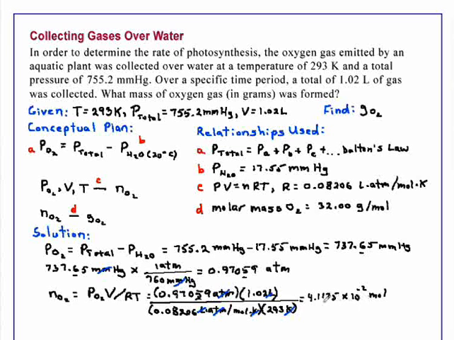A number good to the third significant figure. So we'll now take this number of moles of oxygen and convert that to grams of oxygen using the molar mass.